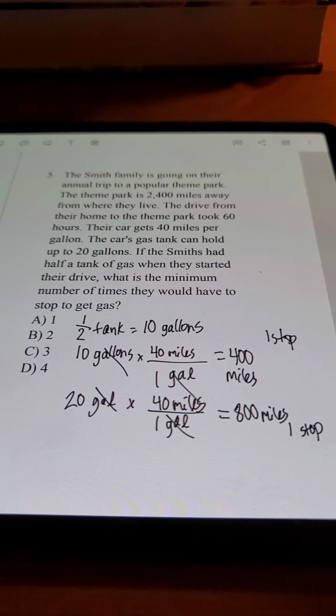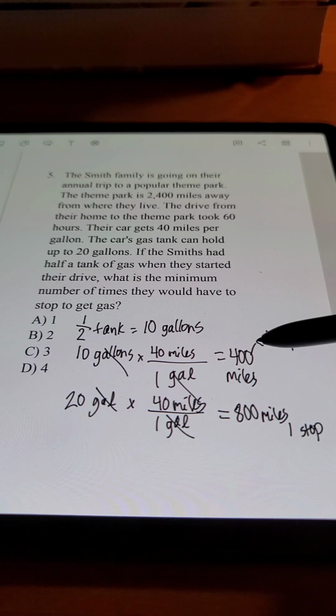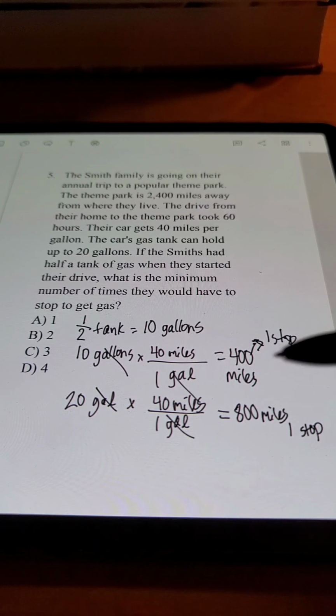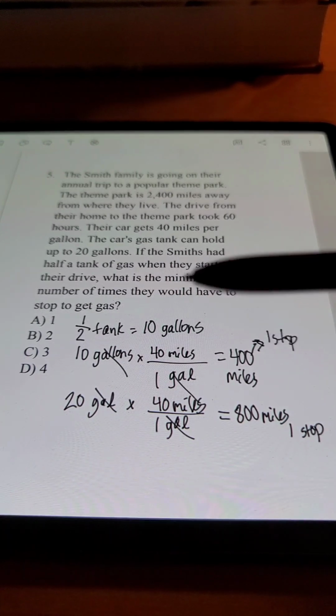So let me repeat that because I think I had a little tongue twister moment. So they're going on this 2,400 miles away trip. They already have the half tank of gas, which means they can drive 400 miles. And then there's going to be a time that they have to stop. So they're filling up and stopping. Now they have a full gas tank, right? Which contains 20 gallons.